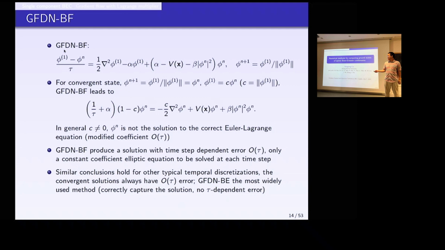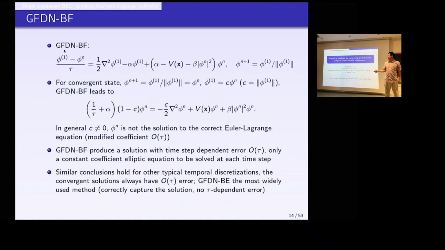And for this one, if the algorithm converges, then we find that the Euler Lagrange equation satisfied by this converged state would be like this, and normally this C cannot be equal to 1, and this has some difference from the original Euler Lagrange equation, because in the original one, this is the 1/2 coefficient.